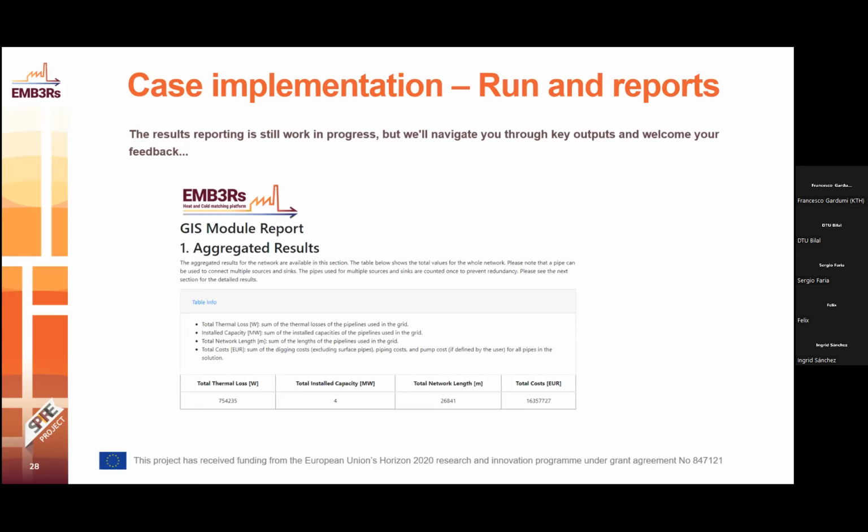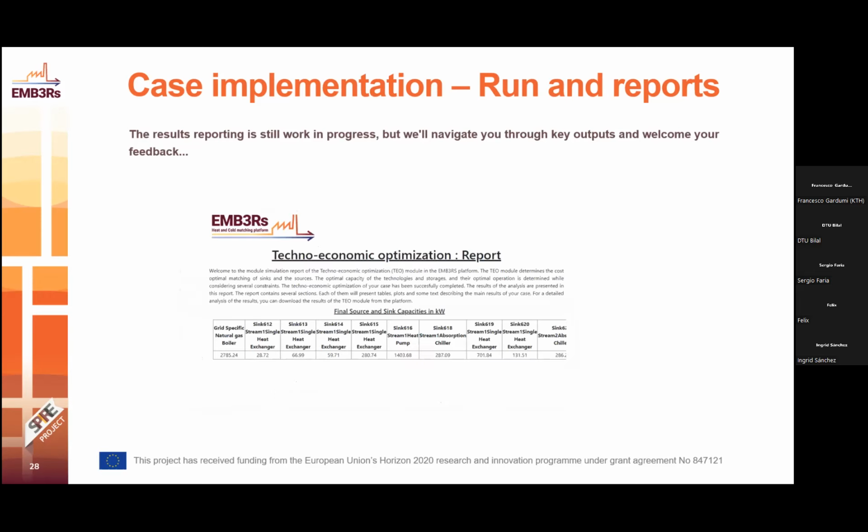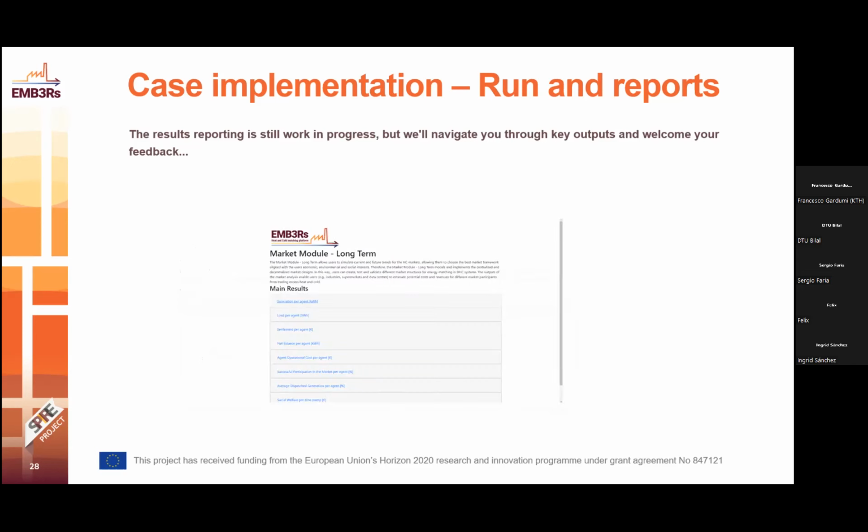We'll have reports from 4 out of these 5 modules, starting with the GIS module, which will show the installed capacity of the network and what the losses and the costs are from this network. Then we will proceed to the TEO module, which will show the installed capacities for the technologies at the source and the sink, and several other results such as the heat generation and so on.